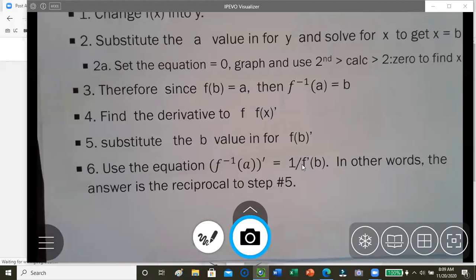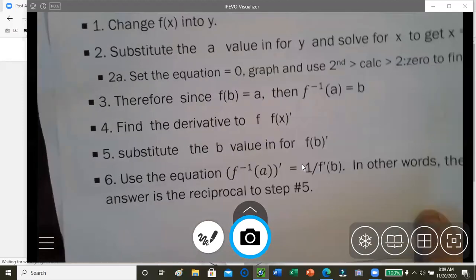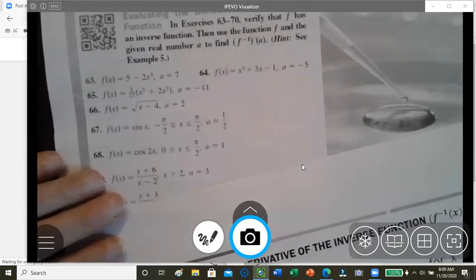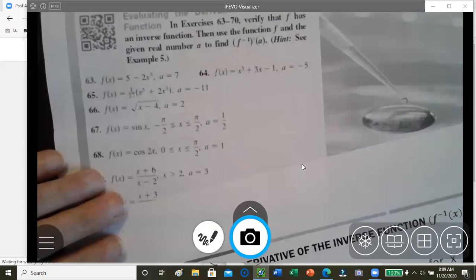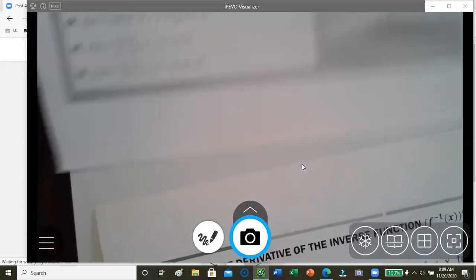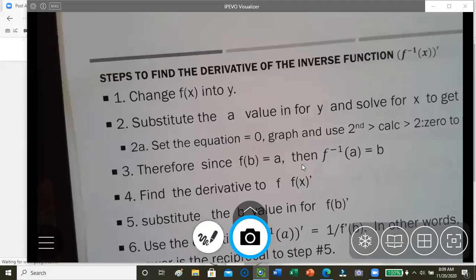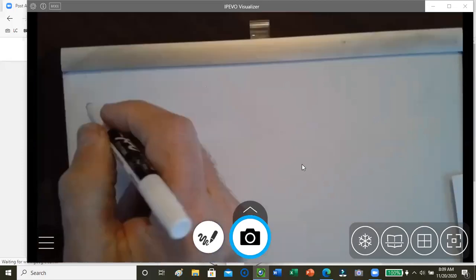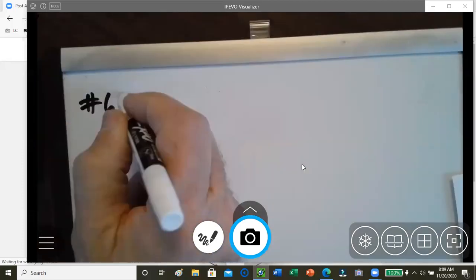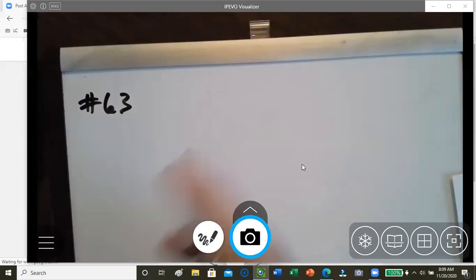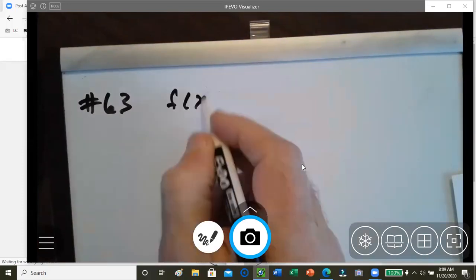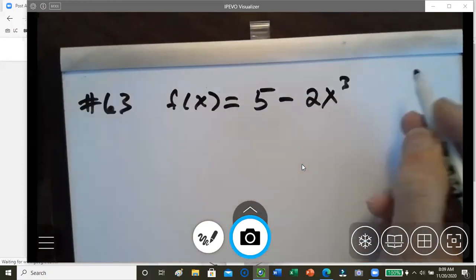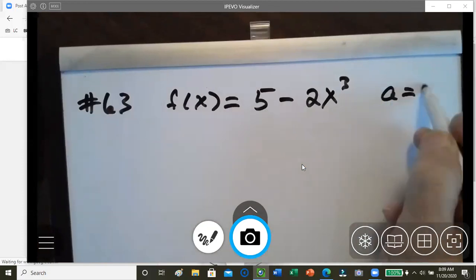All right, so let's take a look at another problem here. We're going to look at problem number 63. So problem 63 is we have f of x equals 5 minus 2x cubed, where a equals 7.